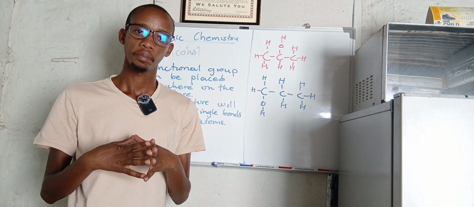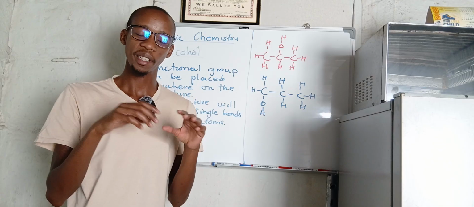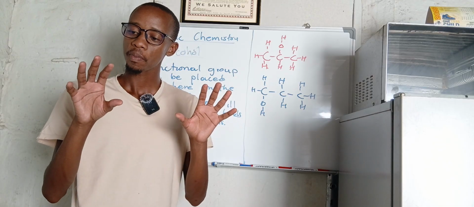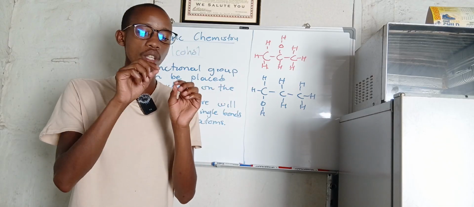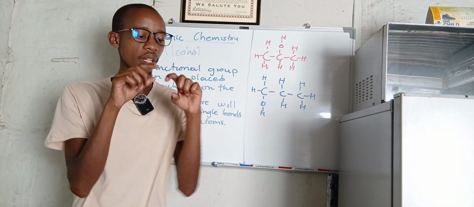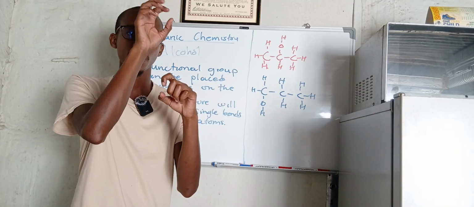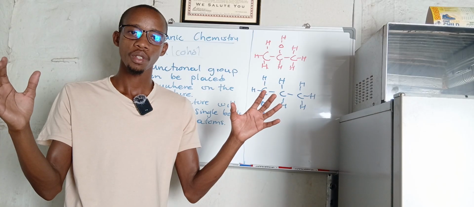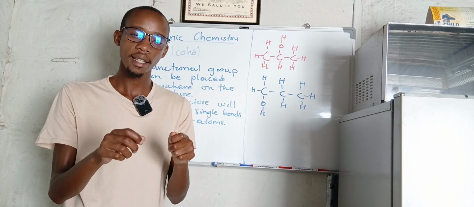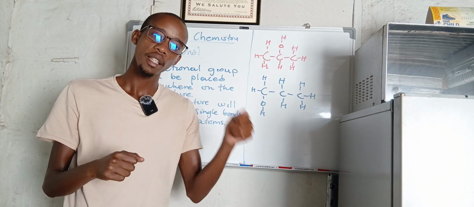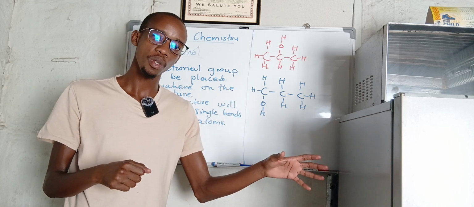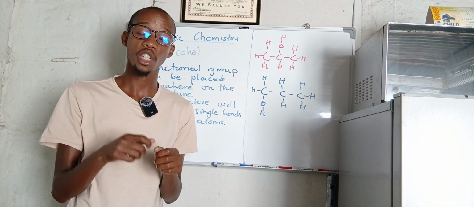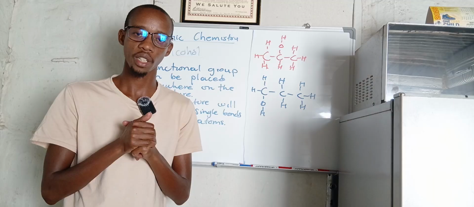Ester. Ester has a COO functional group, meaning carbon is bonded with a double bond to oxygen and another oxygen. So it is in between two other carbons. You see, ester has its brother or sister, the carboxylic acid, because they share the C double bond O functional group.